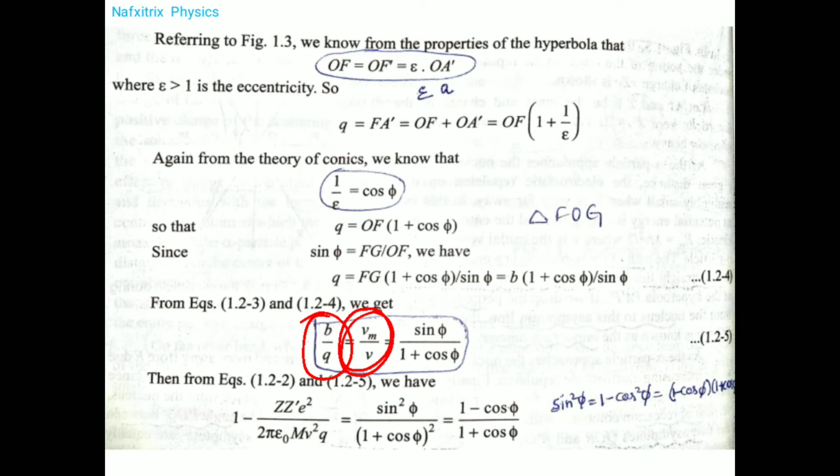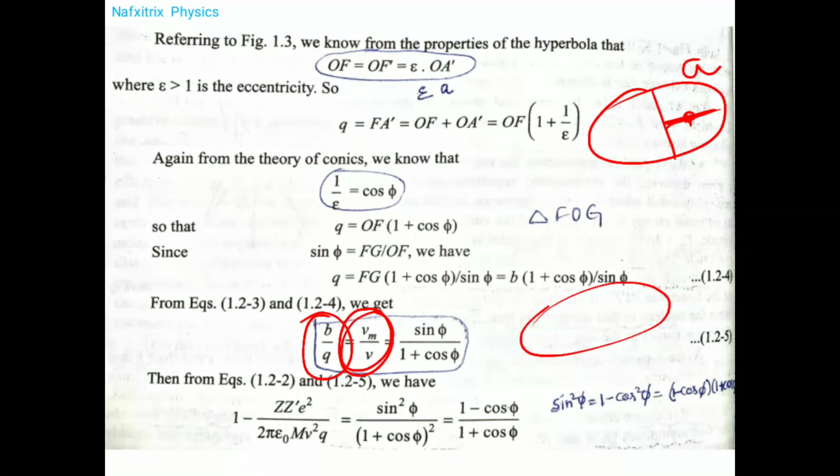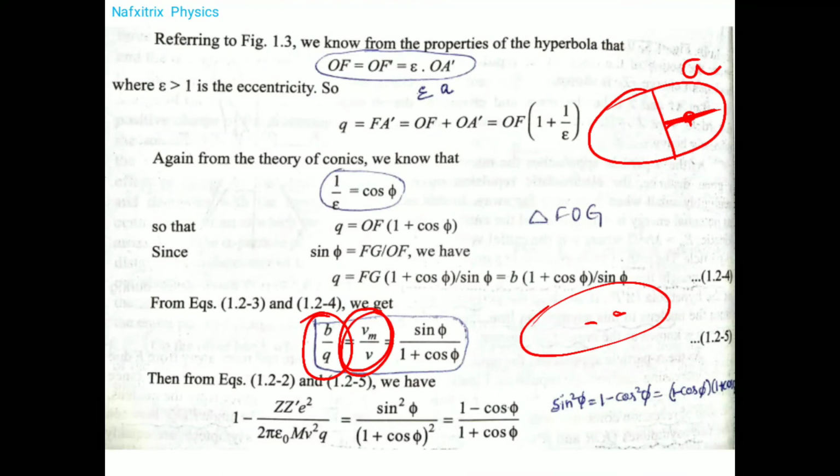And the next thing is, referring to figure 1.3, we know from the properties of hyperbola, so just if we consider an ellipse, so here it is a, and if this is a foci, the distance from center to the foci of the ellipse is nothing but ae.